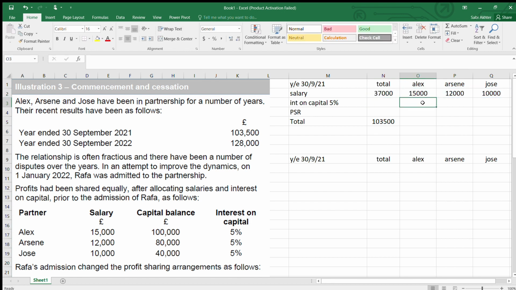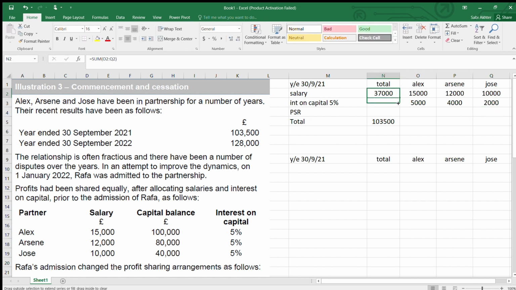Here, interest on capital. 100,000 and you need to find 5%. So 5% into 100,000, that equals 5% into 80,000 and equals 5% into 40,000.